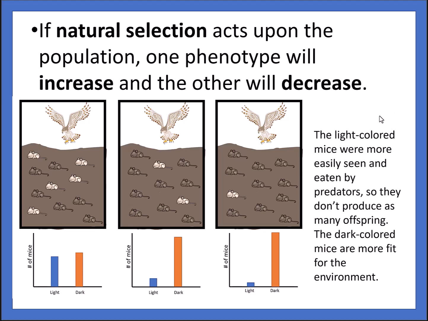The dark-colored mice are more fit for the environment, so you can see that phenotype percentages, at least, are changing from pretty even to much more drastically different. The light phenotypes are being selected against, and the dark phenotypes are being selected for.